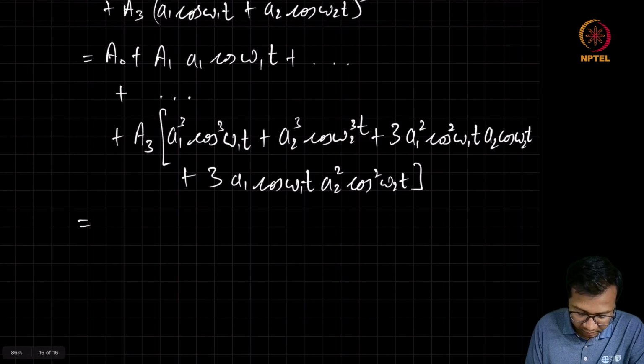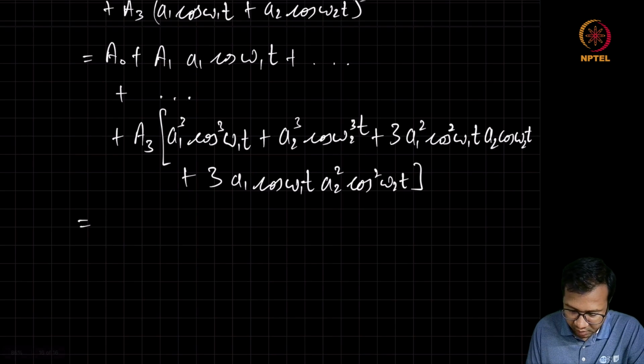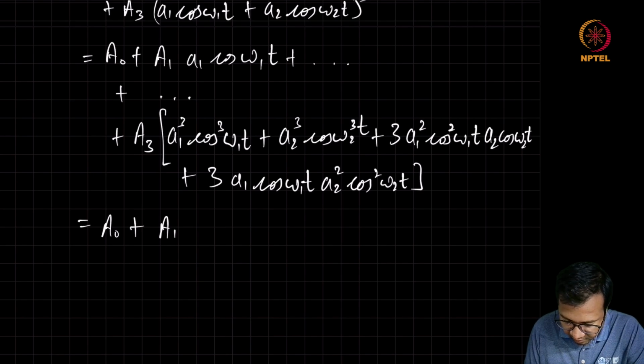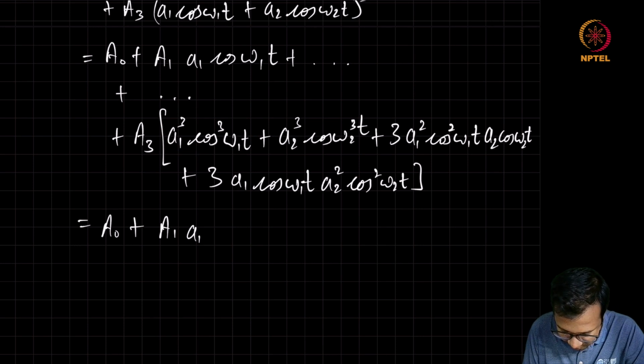Okay, so ignoring all the terms which are not appearing at omega 1 and just writing down the components at omega 1, we see it is A1, which is the fundamental part. Then, because of this cubic nonlinearity, we are going to get this A3 times 3 by 4 A1 cube.